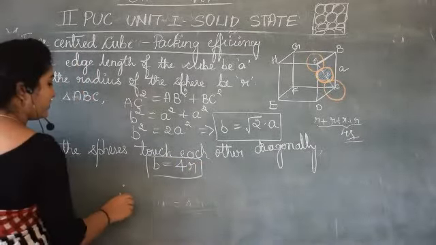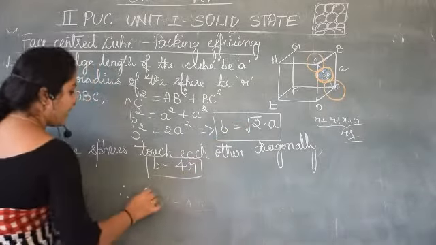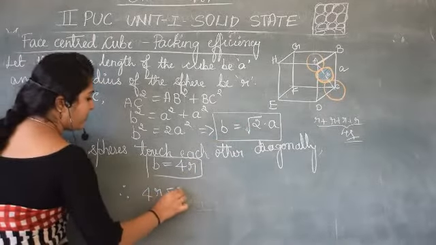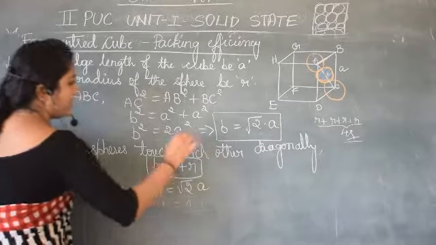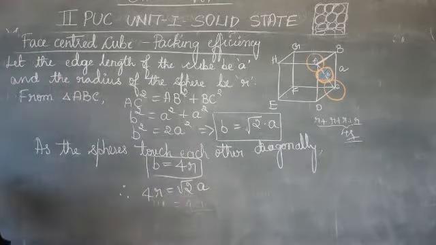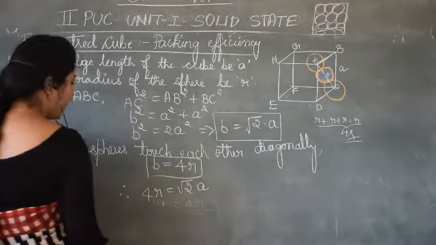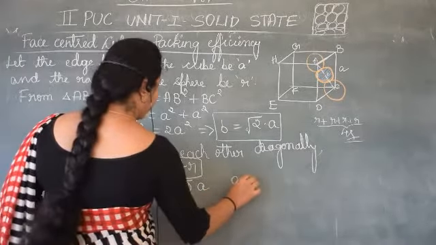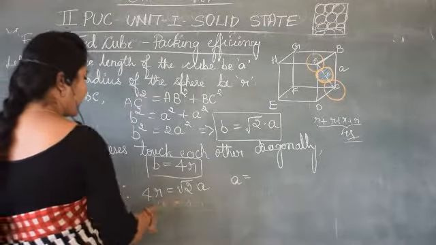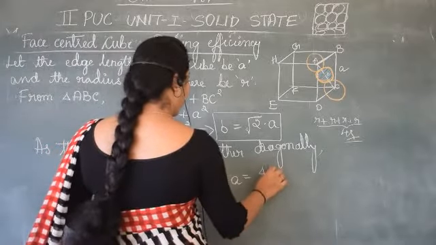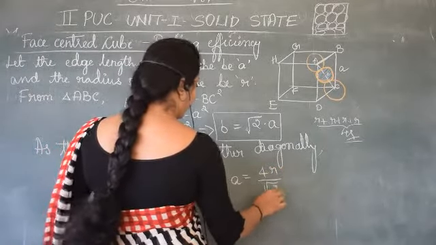Therefore, now equate 4R is equal to square root of 2 into A, or A is equal to 4R by root 2.